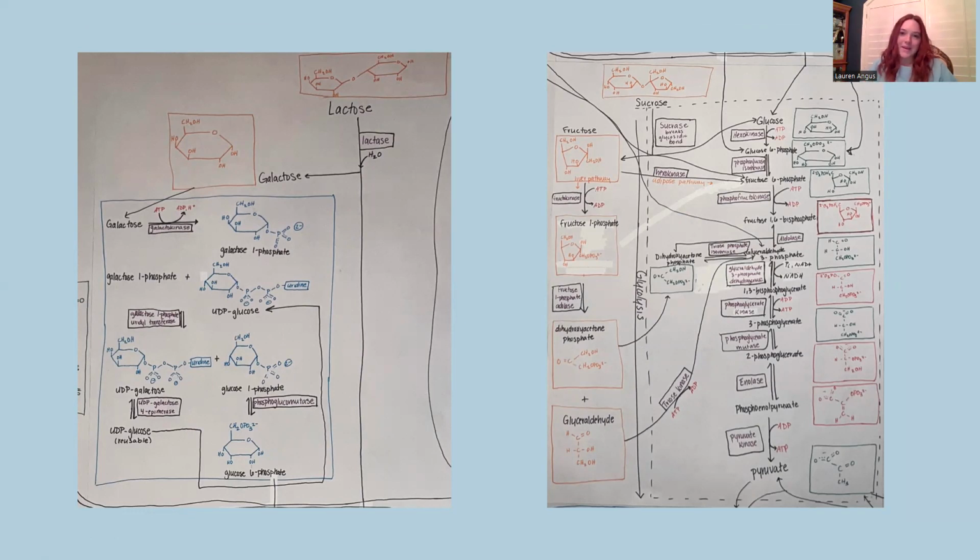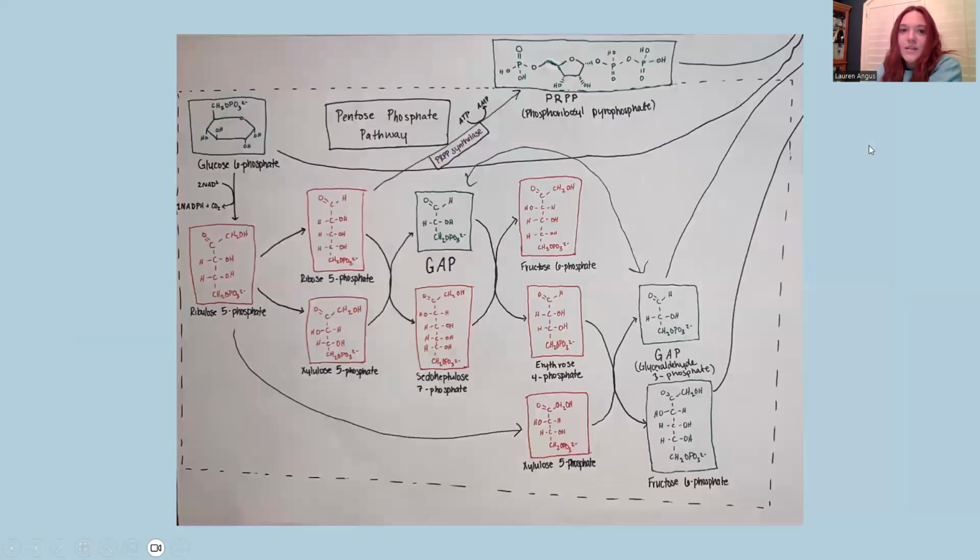All right, so going now from this pathway here, glucose 6-phosphate here in glycolysis. Glucose 6-phosphate will start the pentose phosphate pathway. So this will turn into ribose 5-phosphate. That is a major precursor to DNA and RNA, the precursor to the sugar.